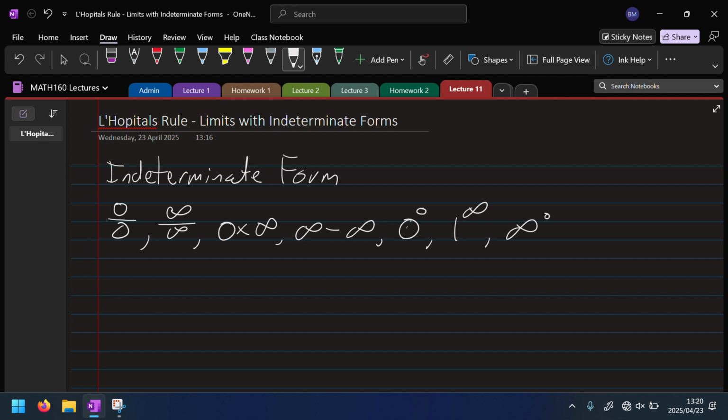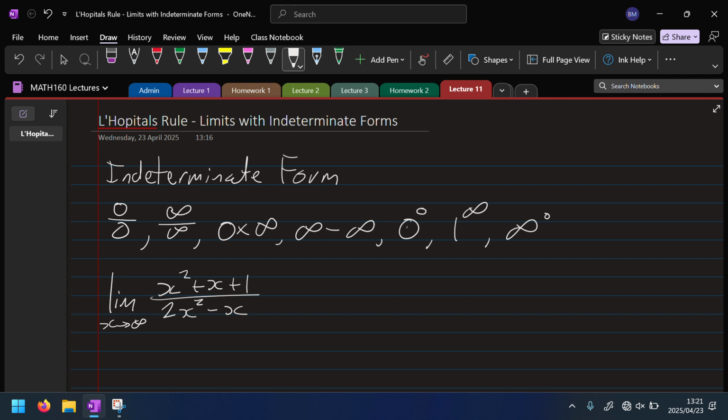Again, like we had with that example, limit as x goes to infinity of x squared plus x plus 1 over 2x squared minus x, for example. If you just substitute infinity, it's infinity over infinity. But that doesn't mean the limit doesn't exist. The limit does exist, you just have to do some extra work.